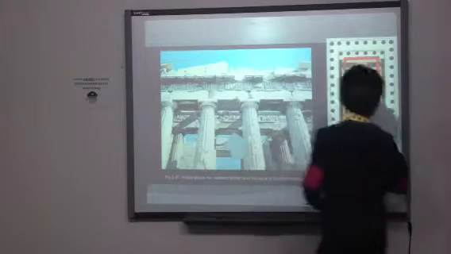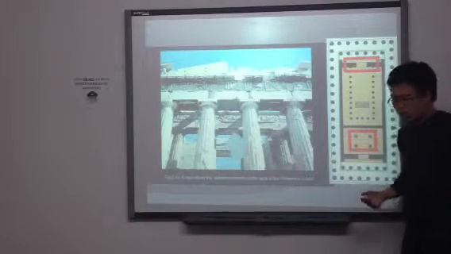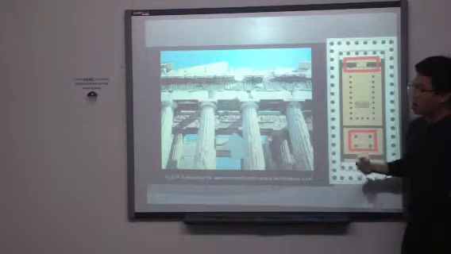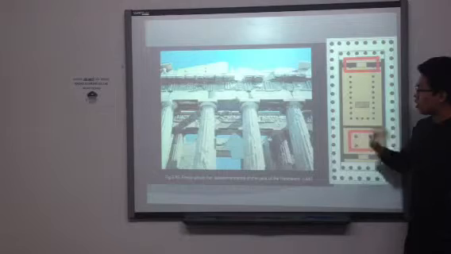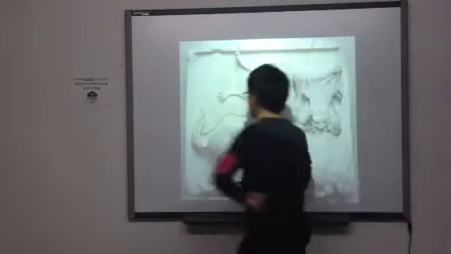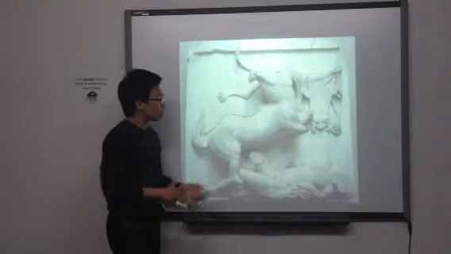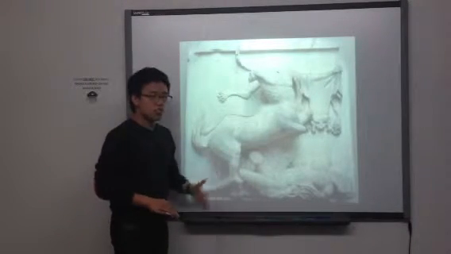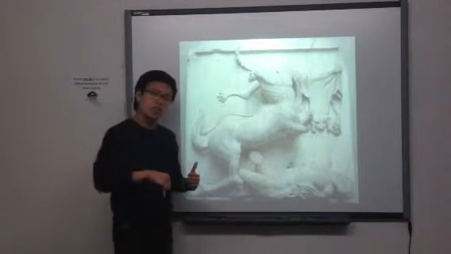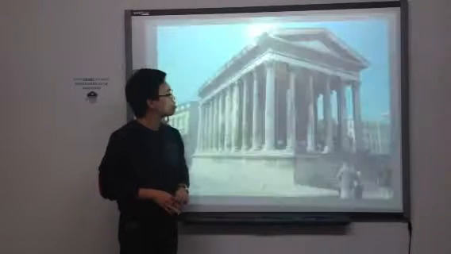And here, even though I don't have the picture, there are 4 Ionic columns. In the inner frieze, the reliefs are so realistic. They are 3-dimensional and deeply carved.